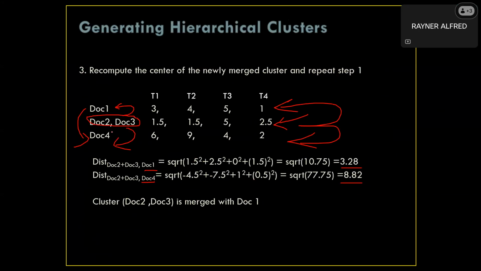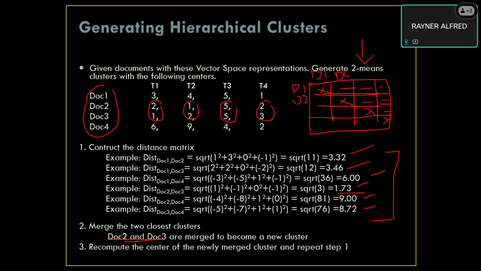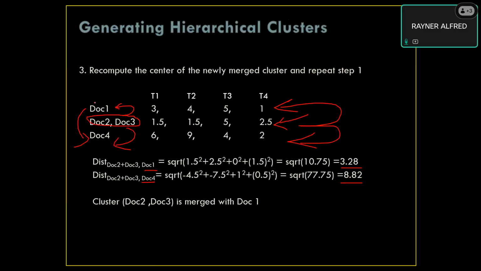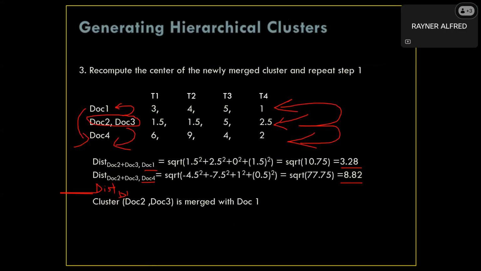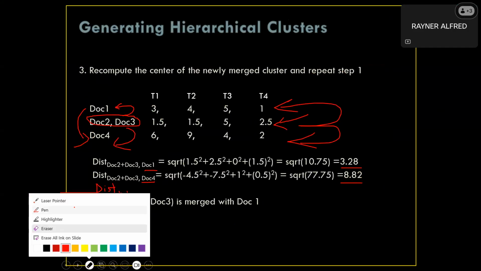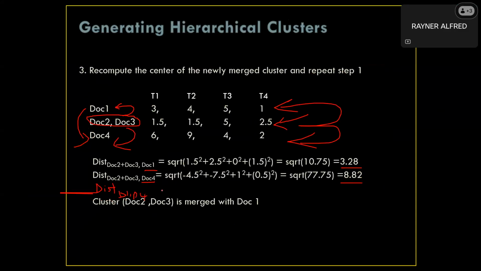So document 1 to 4, the distance between document 1 and 4 is 6.